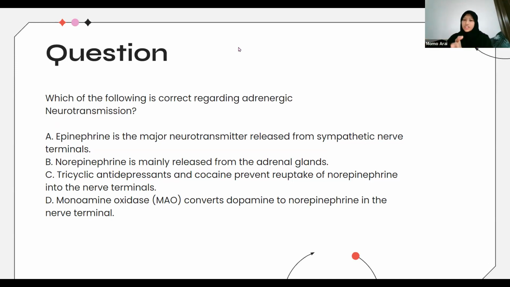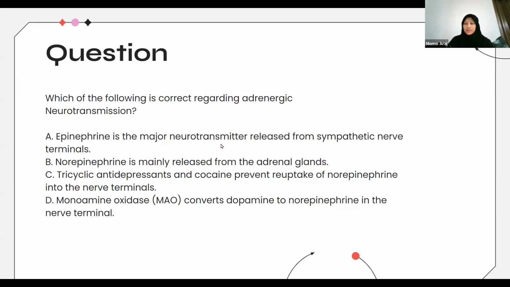Now we're going to adrenergic, which is related to the sympathetic nervous system. Does anyone have other answers, other than C? It's okay. We'll show the answer and then I'll explain why. First let's see why it's not the rest.